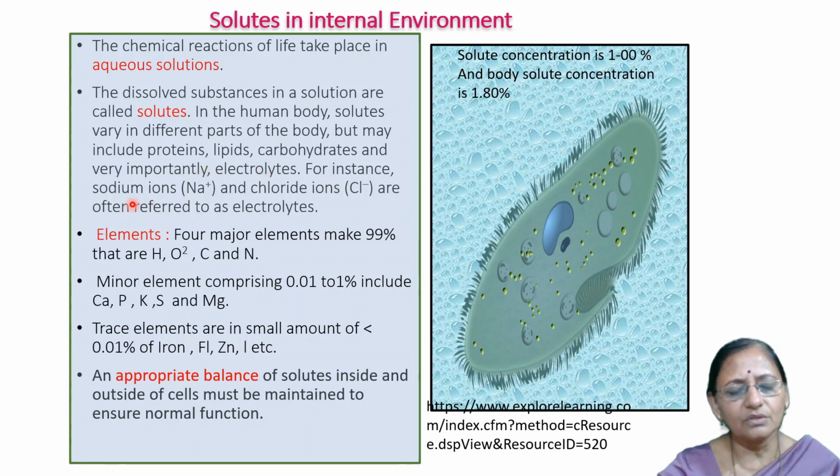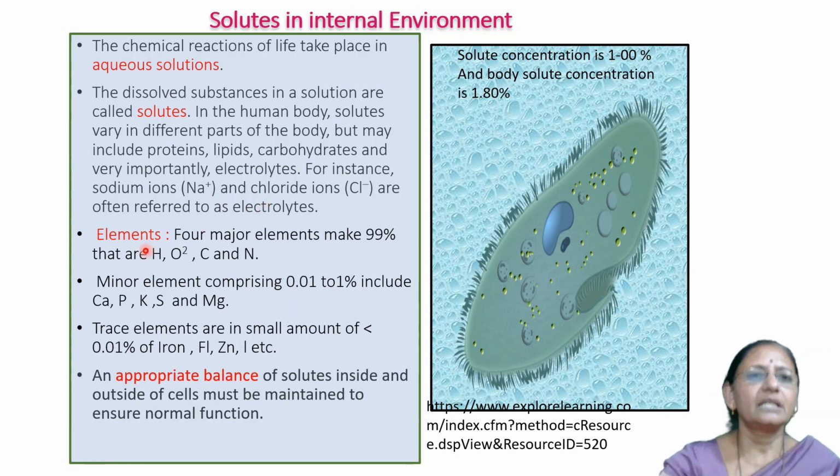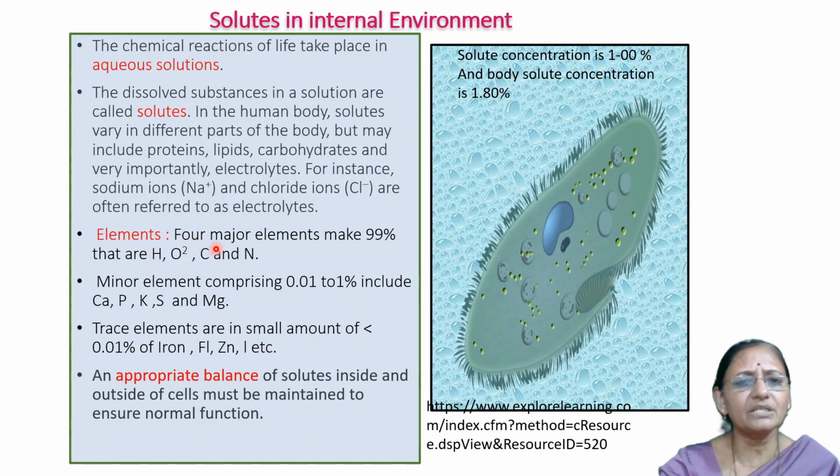That is, a positive electrolyte, sodium ions, are there. Negative electrolyte, chloride ions, are there. Sodium and chloride are mainly the positive and negative electrolytes of the body in animals. The elements, four major elements are present. These form 99% of the elements.